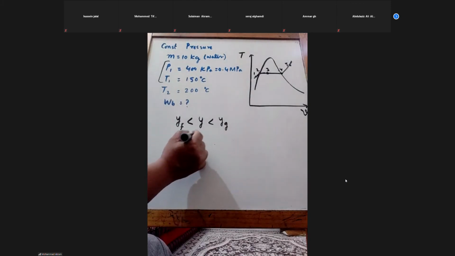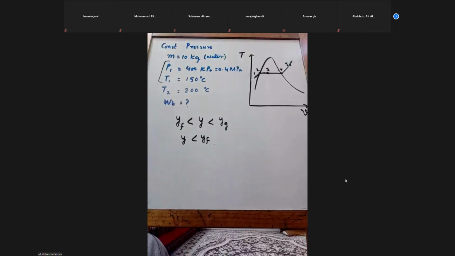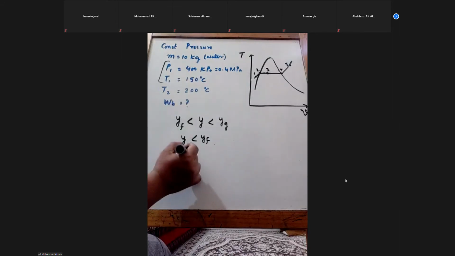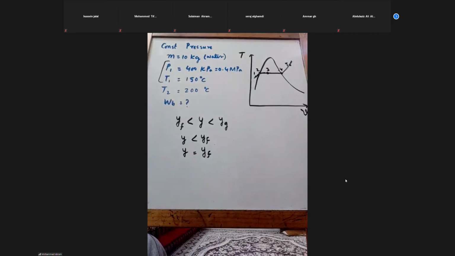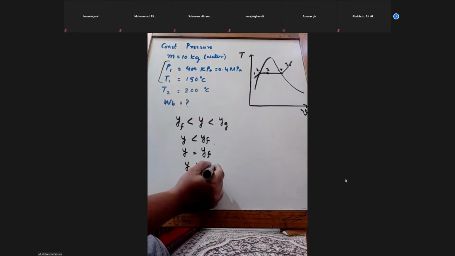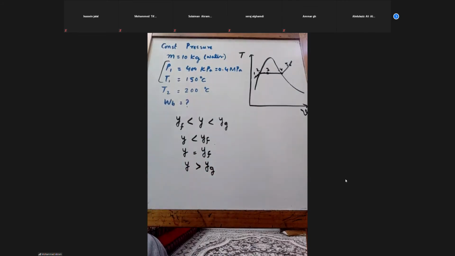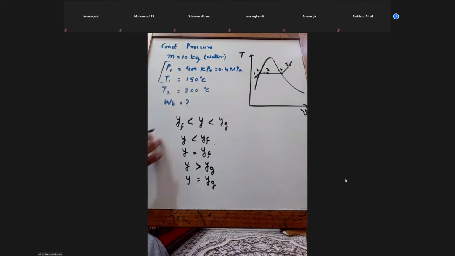If y is less than yf, then it is subcooled. If y is equal to yf, saturated liquid. If y is more than yg, it is superheated. Right? If y equals yg, it is saturated vapor. Like that, I gave the conditions.